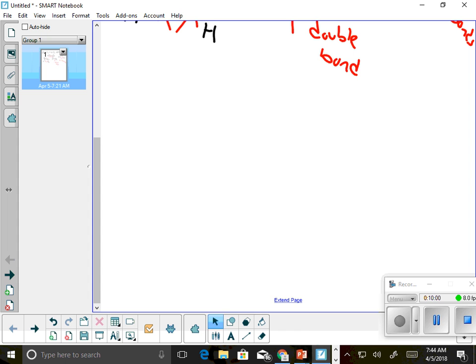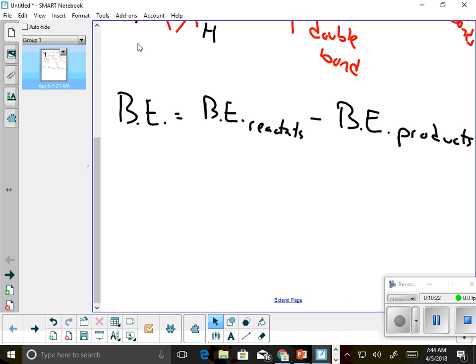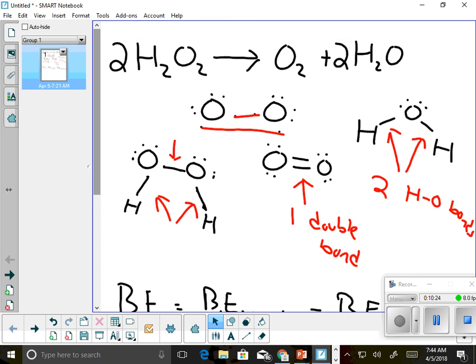Now if we go to solving for bond energy, it's going to be reactants minus products. So the bond energy of reactants minus the bond energy of the products. Let's go back up to our equation for a second.